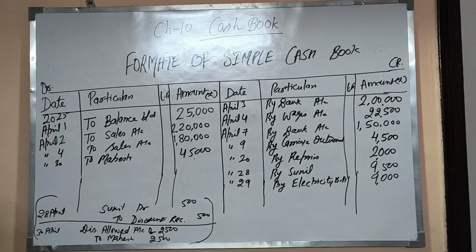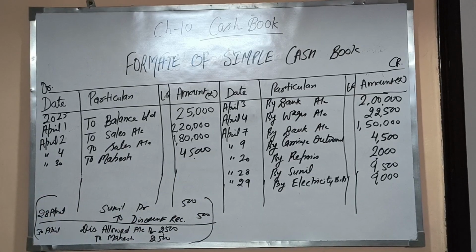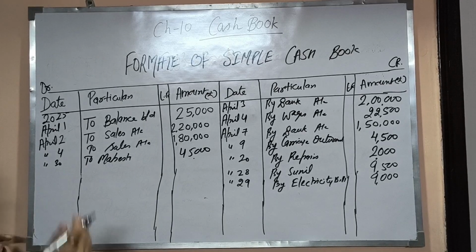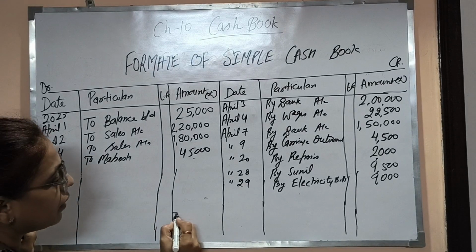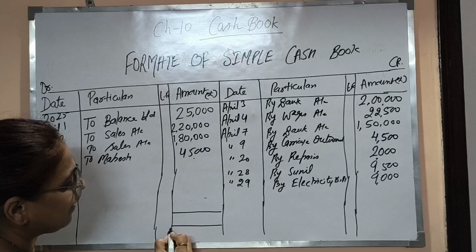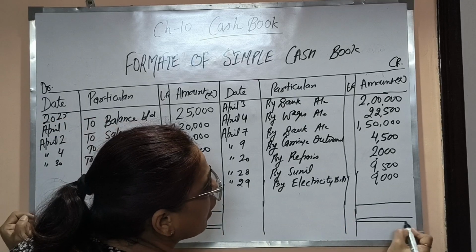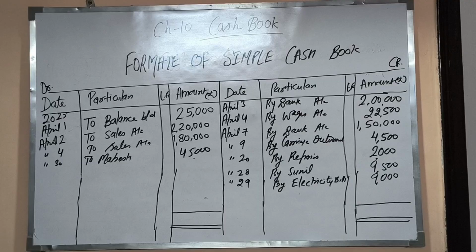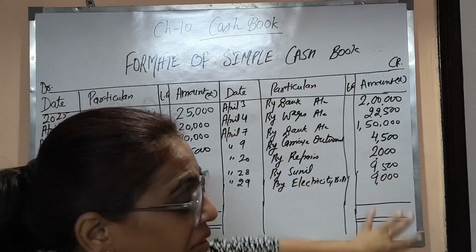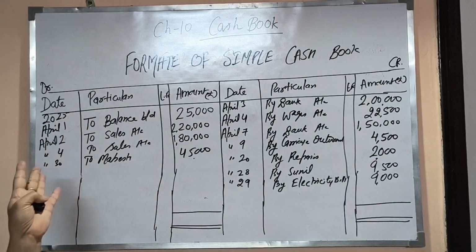After this we have to close it. How to close it? Like ledger, the cash book does not have a credit balance, means its credit side is never more than the debit side.